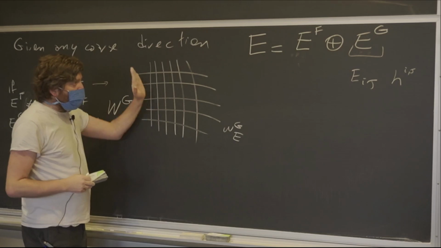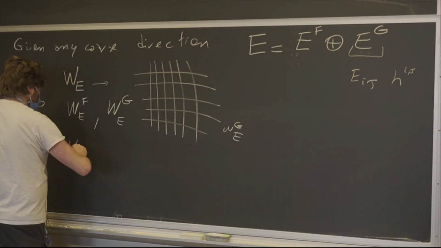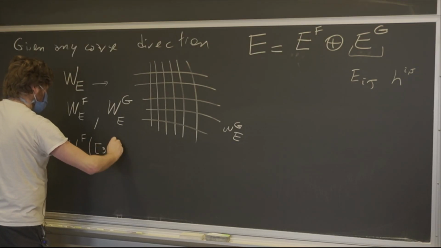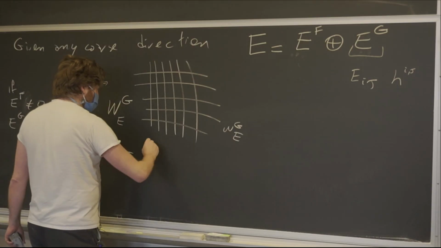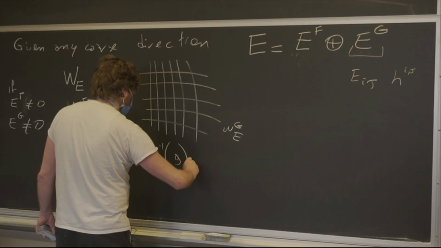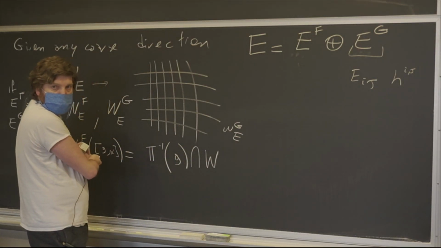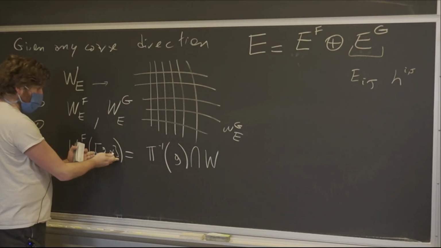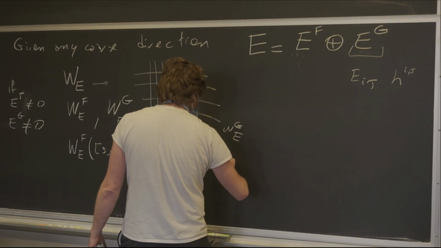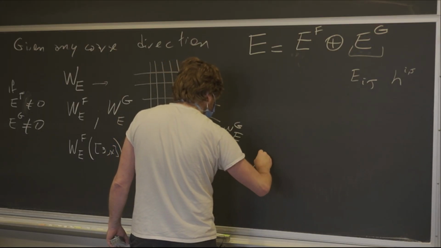Now the vertical guys just correspond to the fibers. It's just the fiber through this point, intersected with this W, H_x.